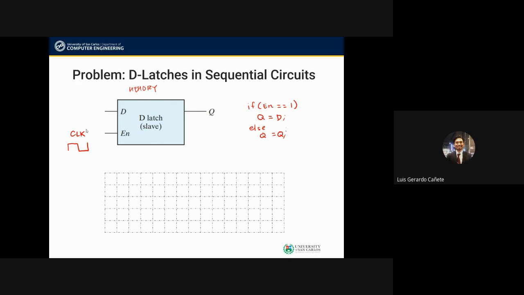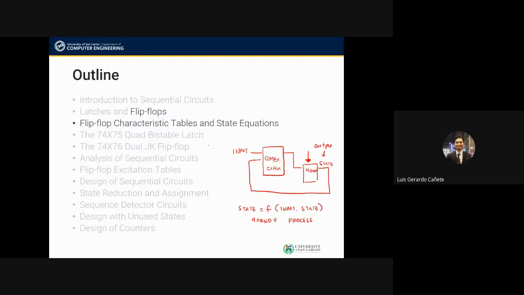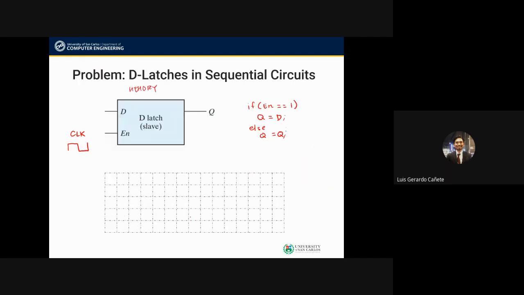Now, we're saying that our D latch is our memory, right? And we want to use memory so that we can implement something like this sequential system. The problem here is that the idea of using an enable, where when enable is equal to 1 you copy the value of Q into D, sort of becomes difficult.